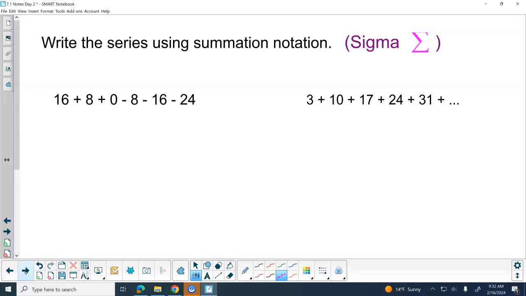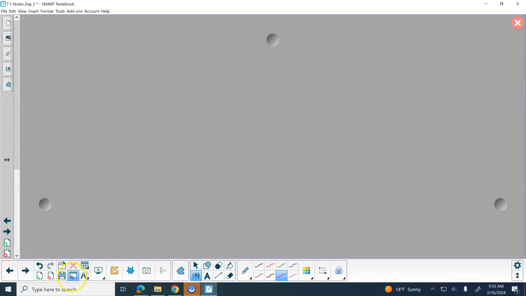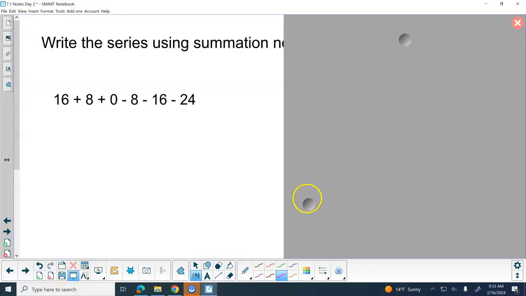Let's write these in sigma notation. You do the left one, we'll do the right one together. Okay? Write the left one here.